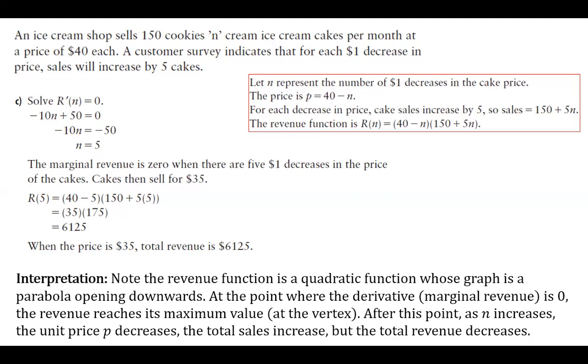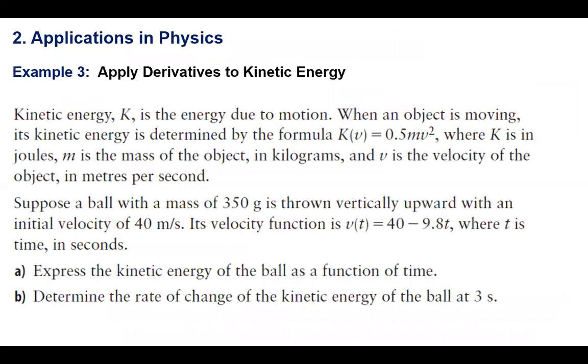Okay, if you have no questions, let's see the second aspect of today's lesson, which is the applications of derivatives in physics. Okay, so let's have a look at this example here. Apply derivatives to kinetic energy. Kinetic energy K is the energy due to motion in physics.